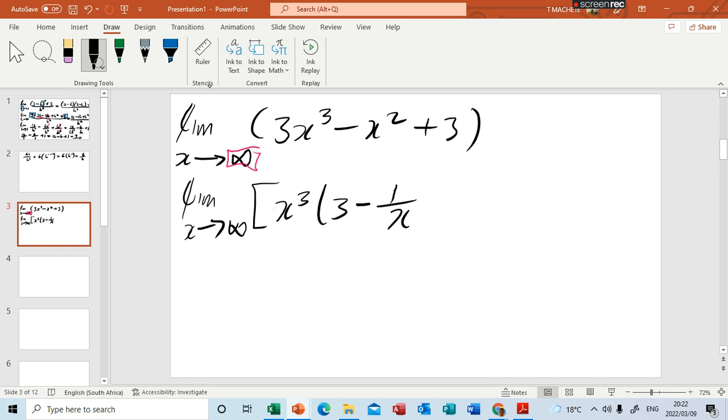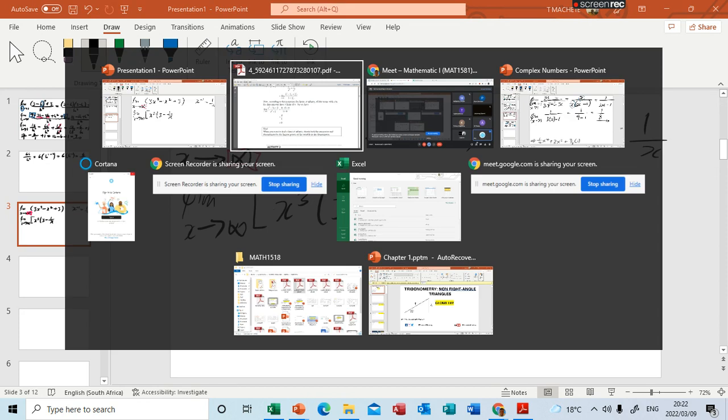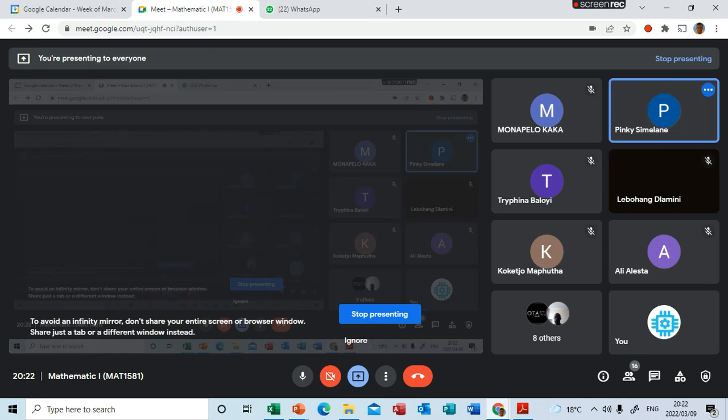Maybe she'll understand it that way. No, I understand that part. x to the power minus 1 is 1 over x. I get it. Okay, you understand everything now. Can you continue?